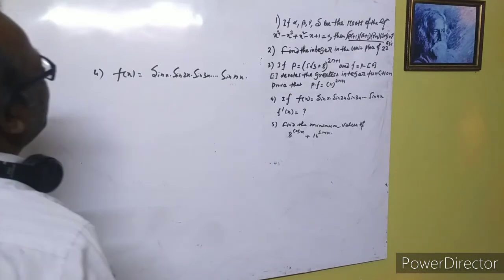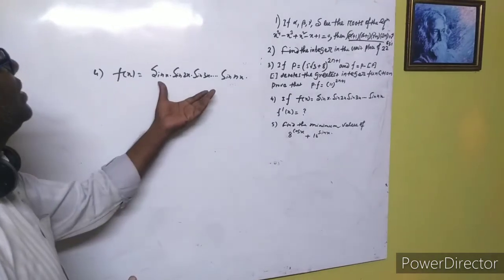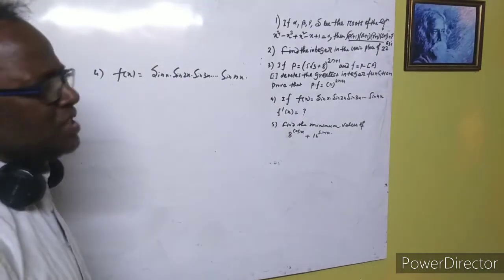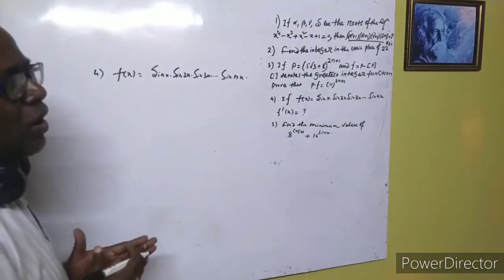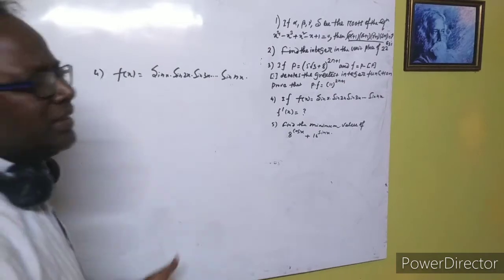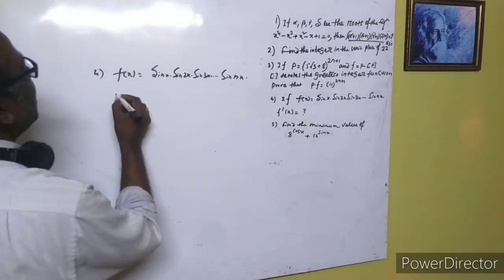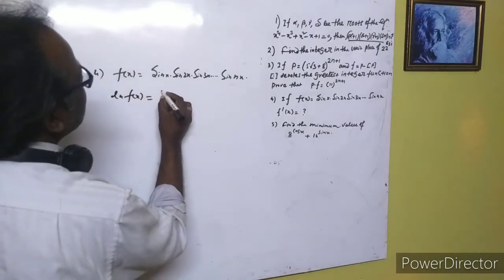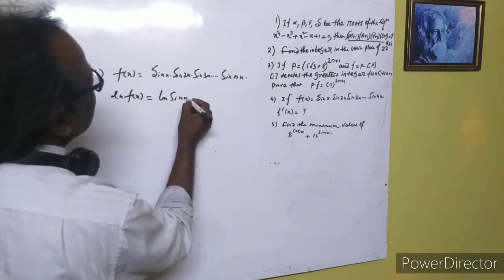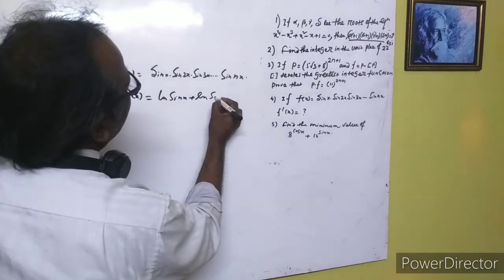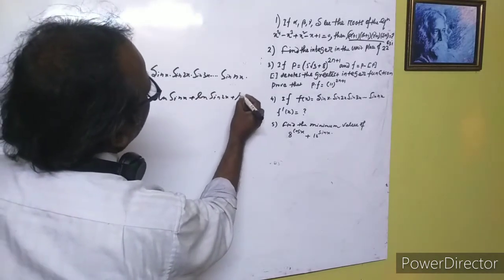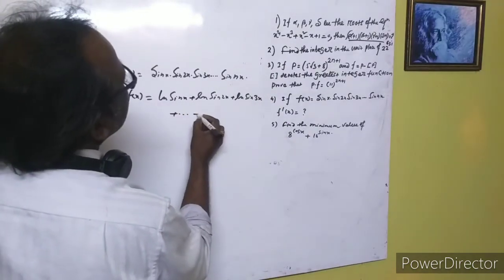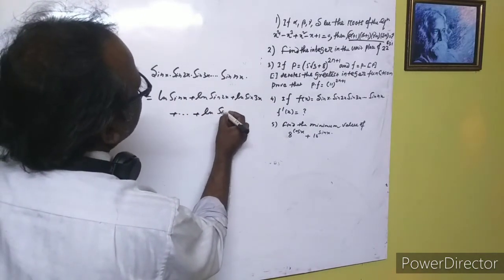So now look at the formation. As this is a product and the answer is a summation, we take the logarithm of that and differentiate, then we easily get the summation. Now ln f of x can be written as ln sin x, plus ln sin 2x, plus ln sin 3x, and so on up to ln sin nx.